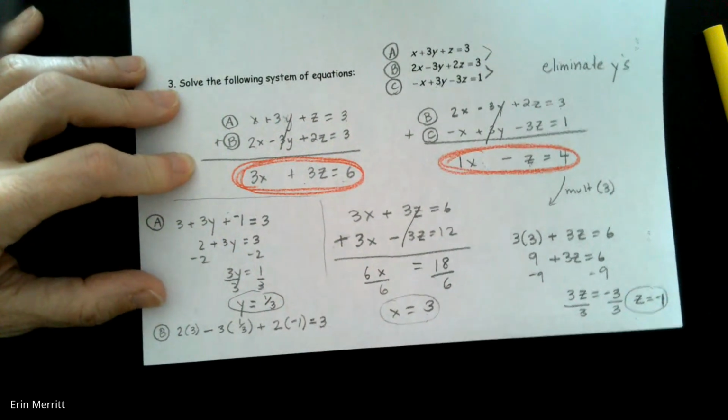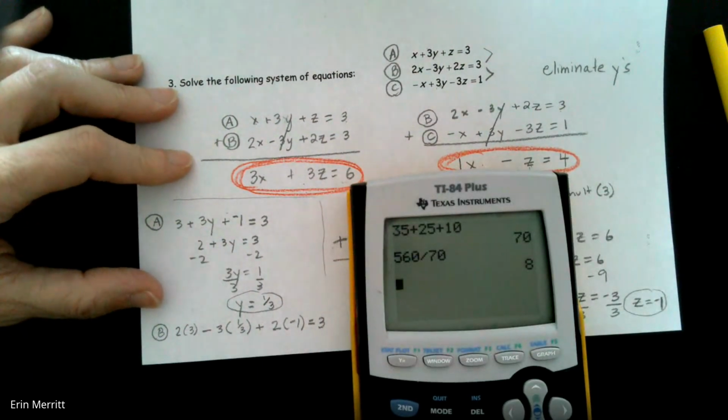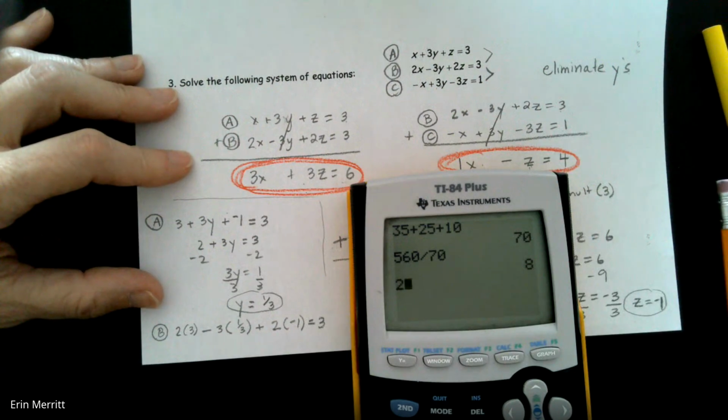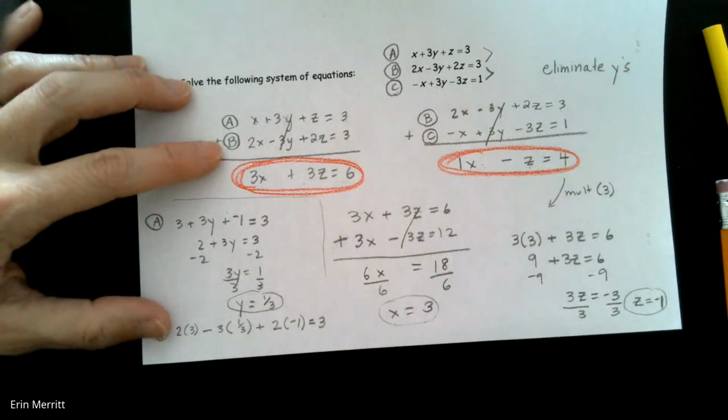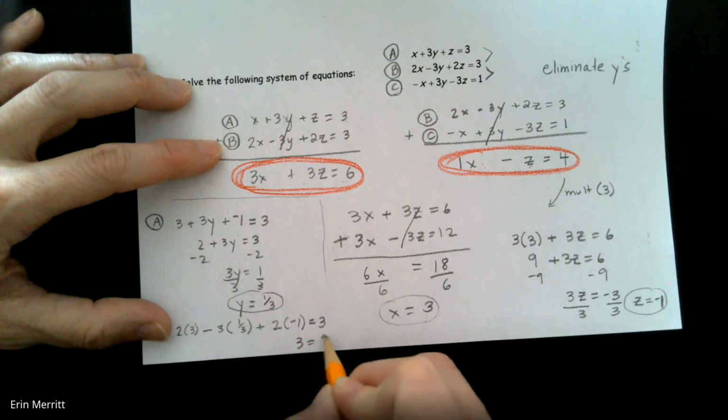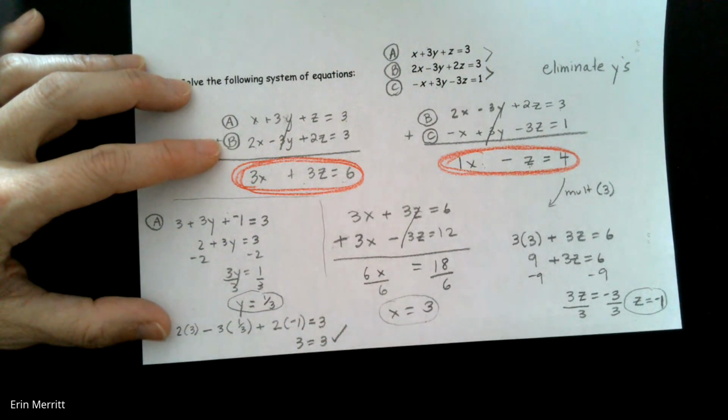You can absolutely type that whole left side in on the calculator if you want. So 2 times 3 minus 3 times 1/3, and then plus 2 times -1. That comes out perfectly to equal 3, which is what we want, which means it checks. So if this is good, then that's our final answer.